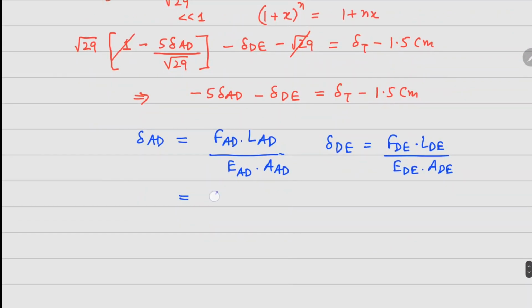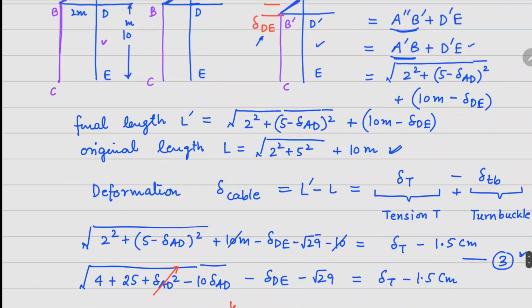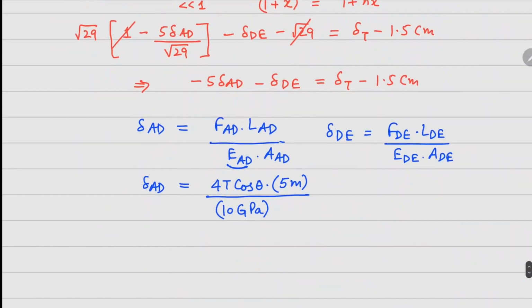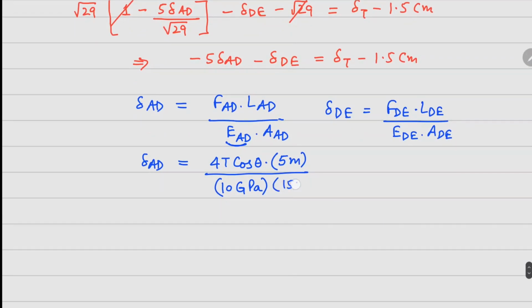So for both of these relationships, delta AD becomes 40 cos theta times LAD, which is 5 meters, divided by elastic modulus for wood. So approximately we can take a value of 10 GPa here, and the area for this is 150 centimeter square, so we can write 150 centimeter square there.